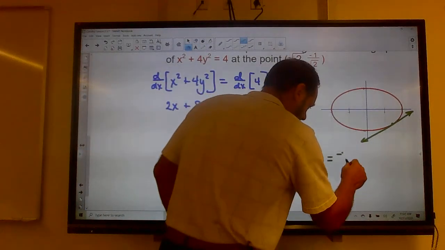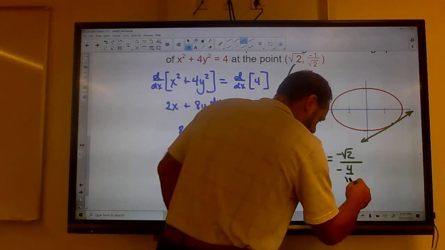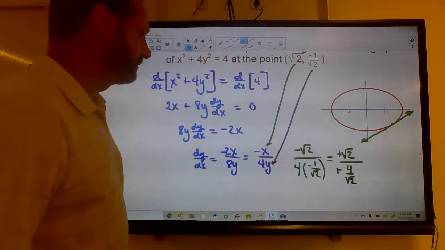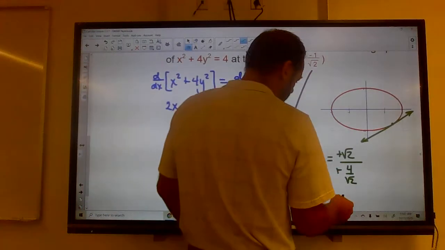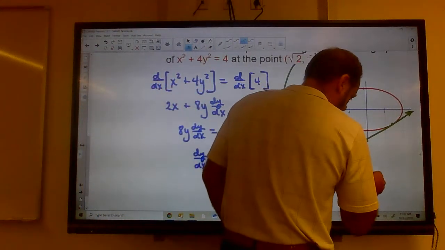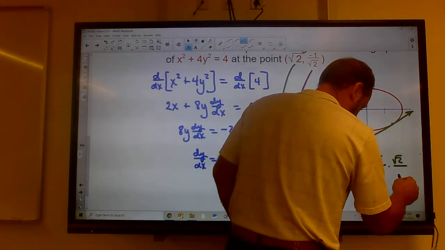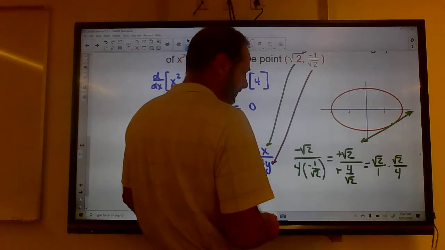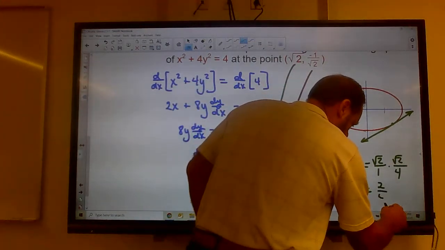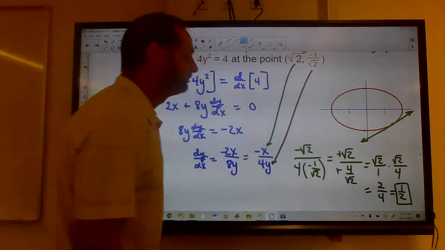This is negative square root of 2 over negative 4 over the square root of 2. The negatives will cancel out. Remember, this is the same thing as dividing a fraction, so I invert and multiply. So this is square root of 2 over 1 times square root of 2 over 4, and the square root of 2 times the square root of 2 is 2, over 4, which is 1/2. The slope of that line is 1/2.